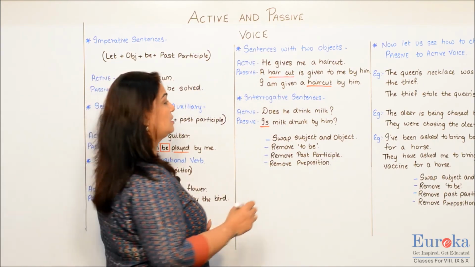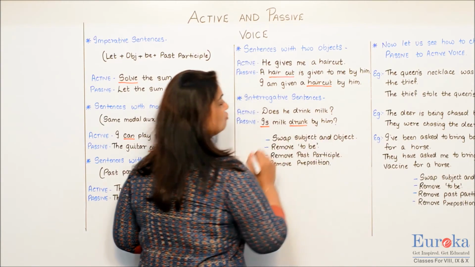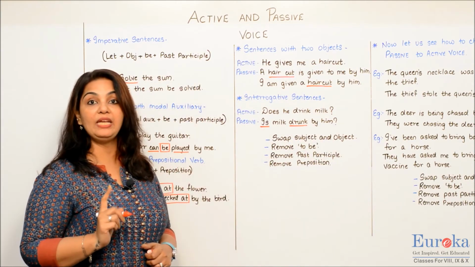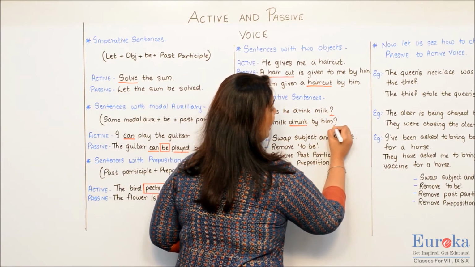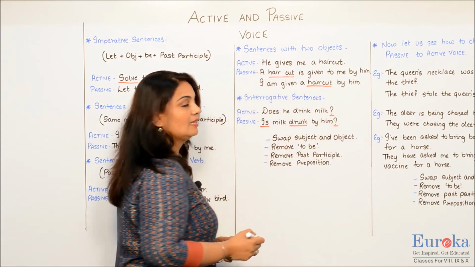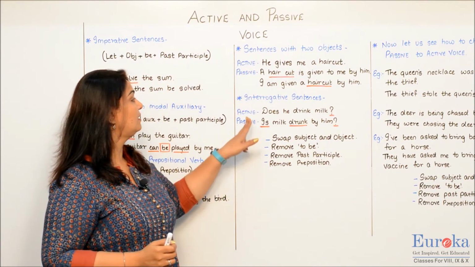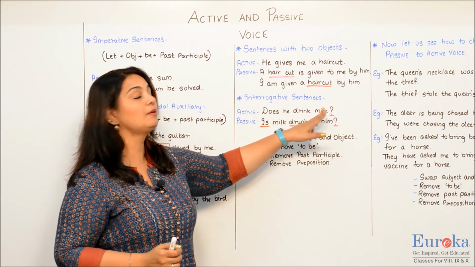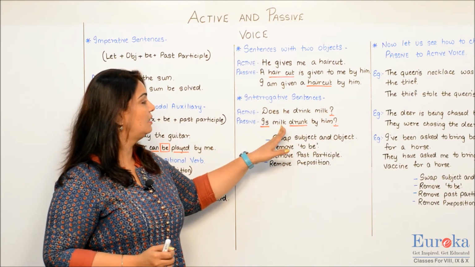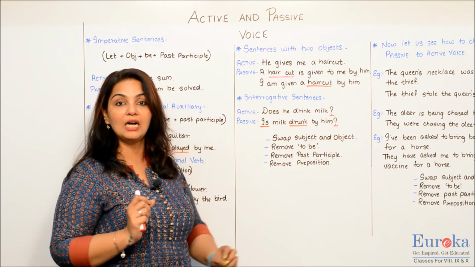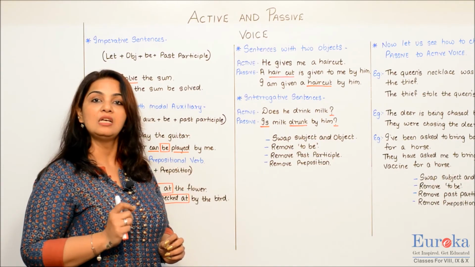Use the past participle of the main verb drink, make it into drunk. And we retain the question mark and keep the sentence as a question. So, let's go over it again. In the active, does he drink milk? It's a question. In the passive, is milk drunk by him? Again, is a question or an interrogative statement.